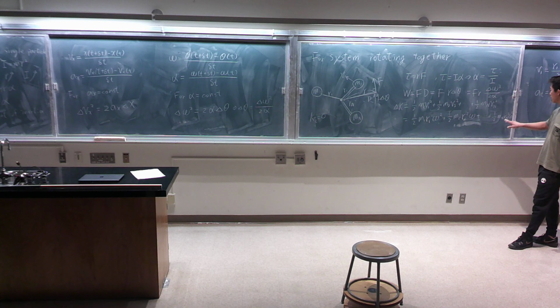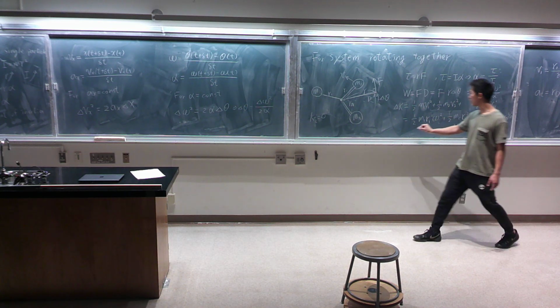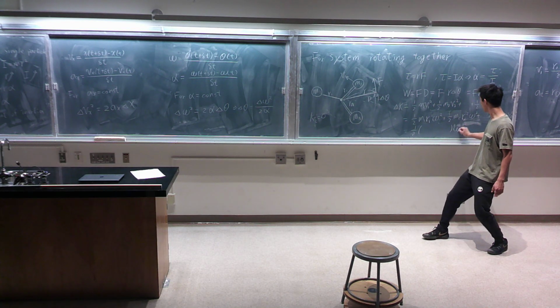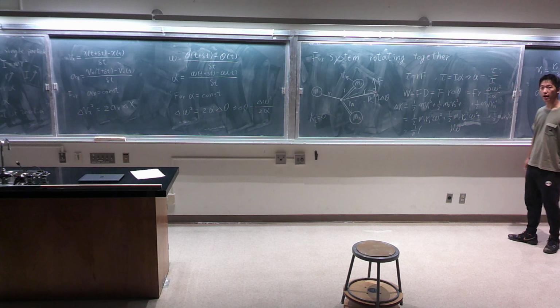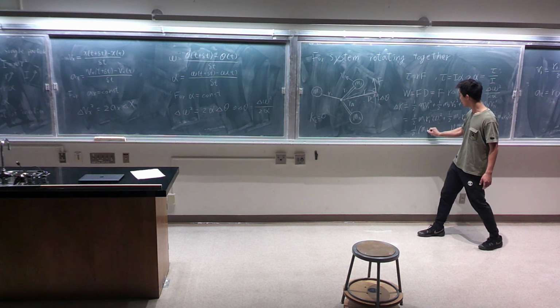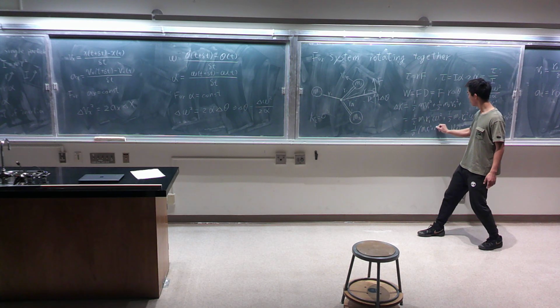They all have omega squared. So you can take them out. And what you need to add is just the mass of the individual particle times their distance to the pivot squared.